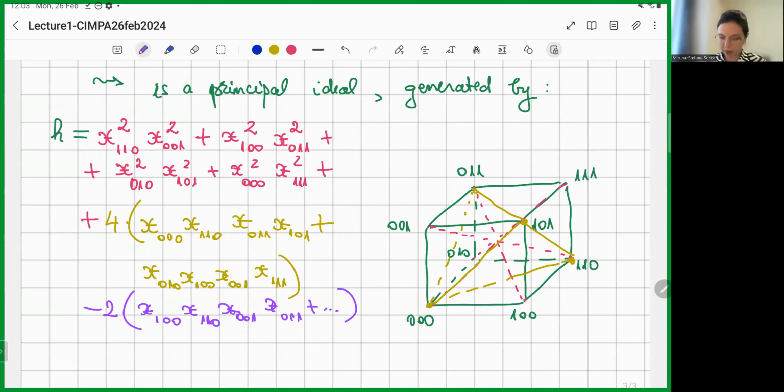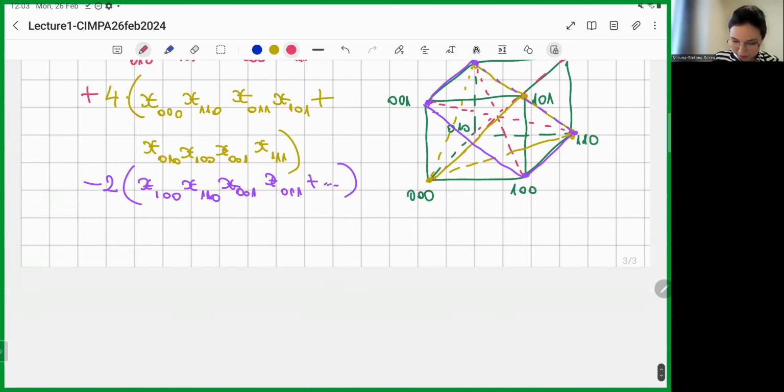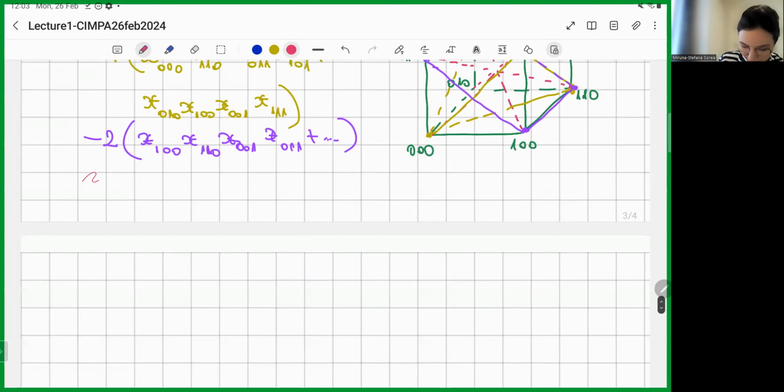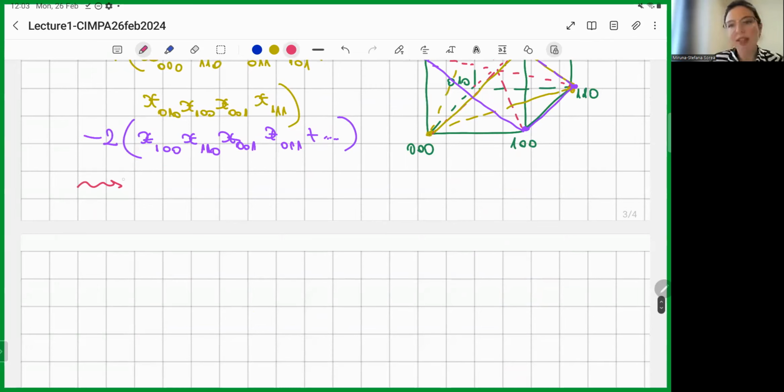These are rectangles slicing the cube. This is 100, 110, 001, and 011. Here is a rectangle.